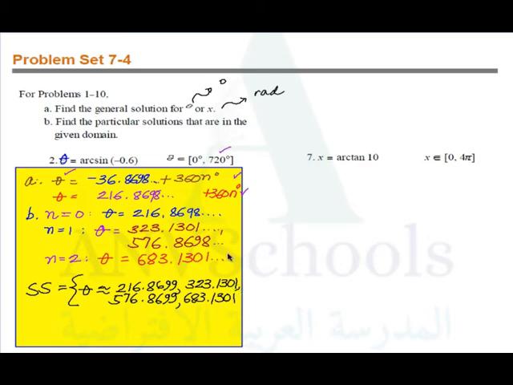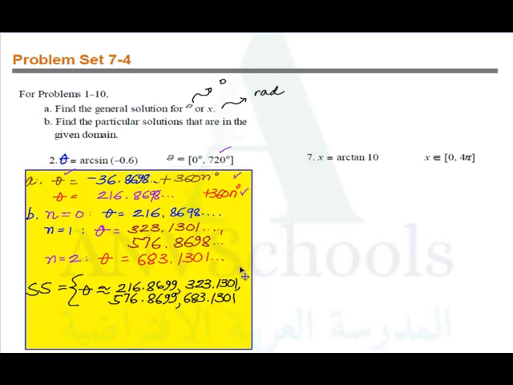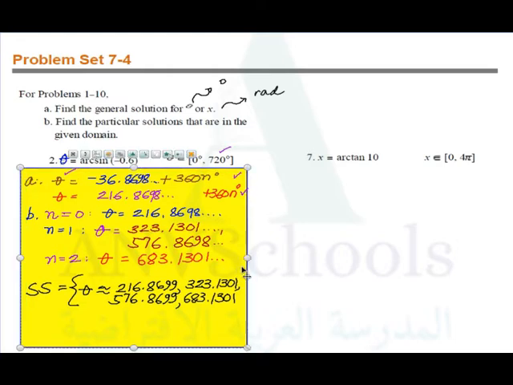So these are the solutions for this problem.